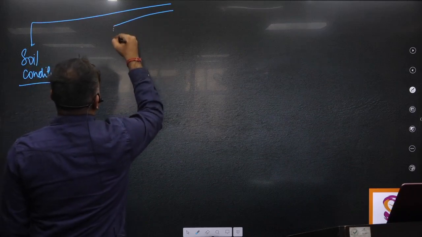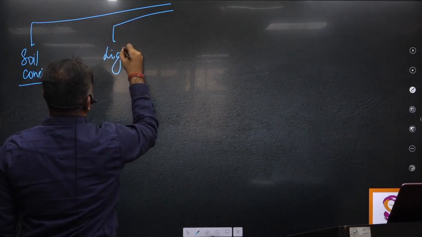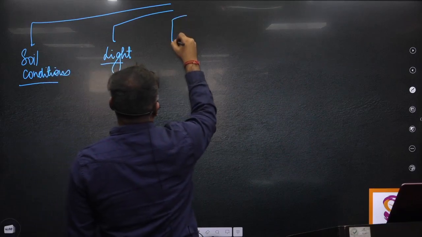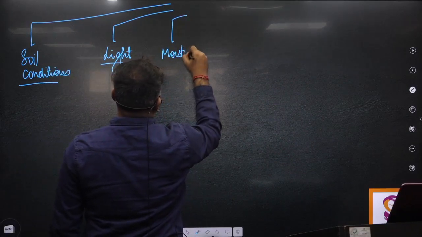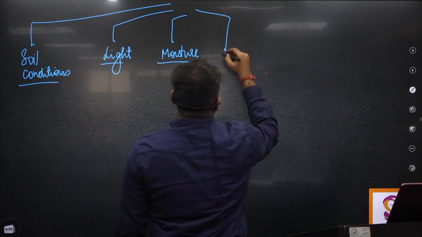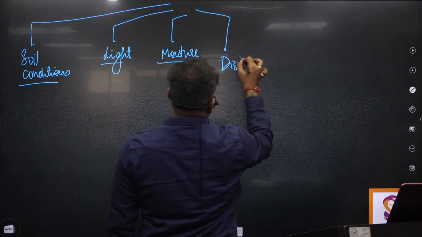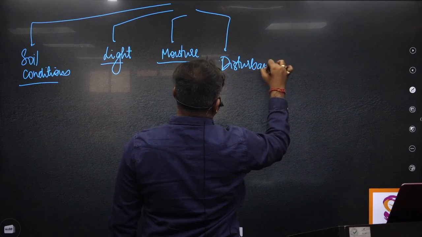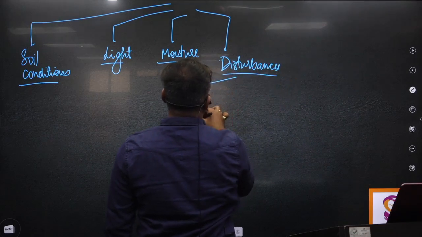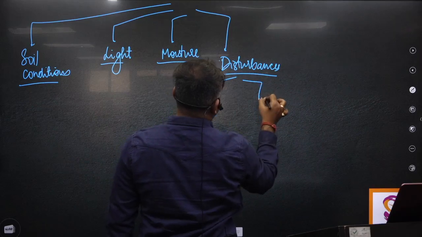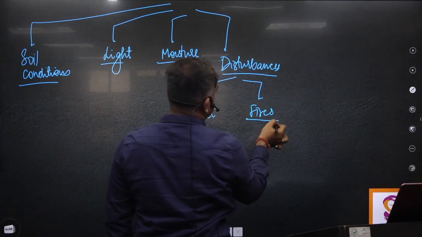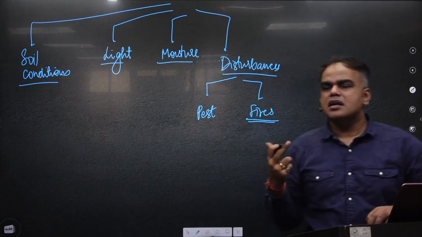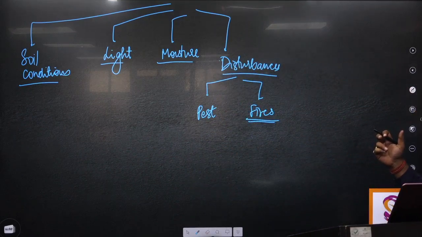For example, you can talk about light, availability of light, important factor. Overall moisture. Okay, how are the disturbances being tackled? When I say disturbances, I am referring to the biotic, which means pests, even disturbances like forest fires. How are they being tackled? This will also affect how the site is going to be.